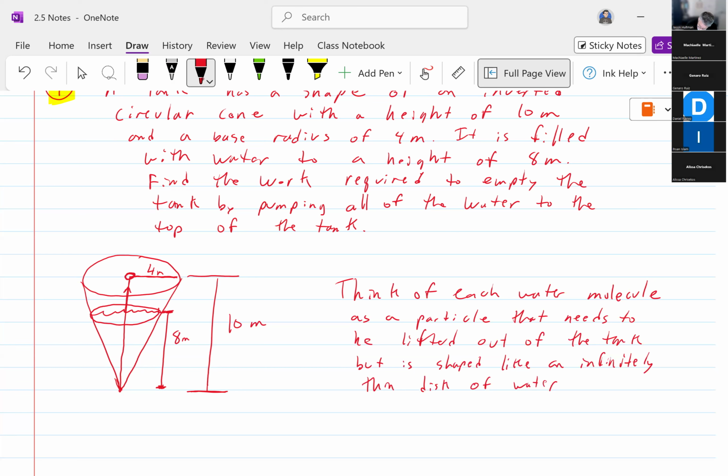It means that every second we're pulling water out, we can think of it as an infinitely thin disk of water that we're pulling out. This would be my infinitely thin disk of water. We're pulling out these infinitely small disks, we're just doing it infinitely fast, and we eventually get all the water out of the tank.